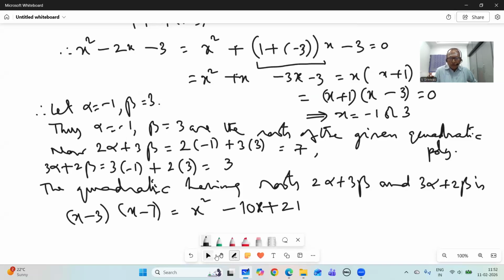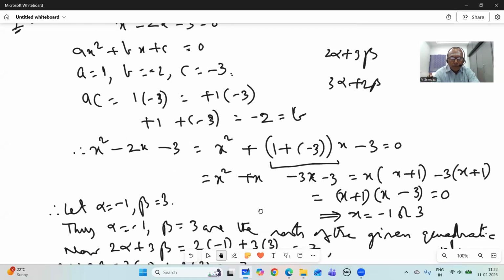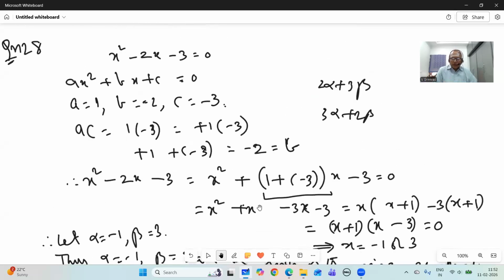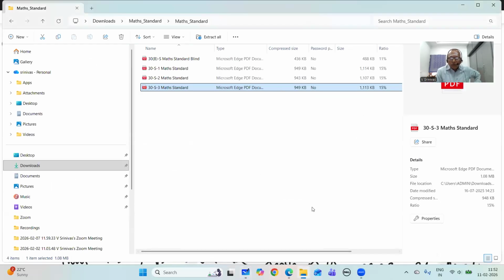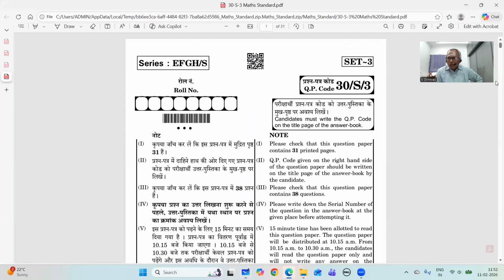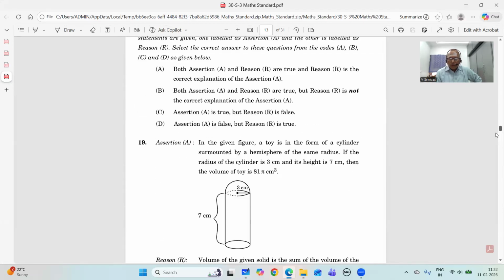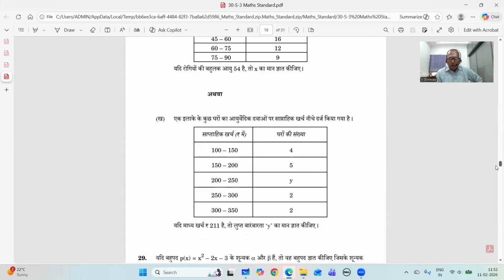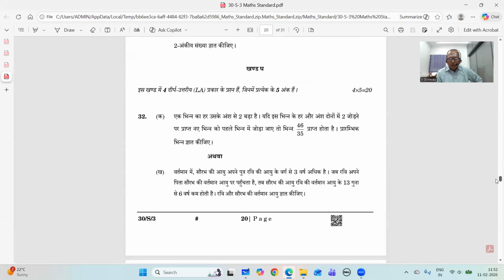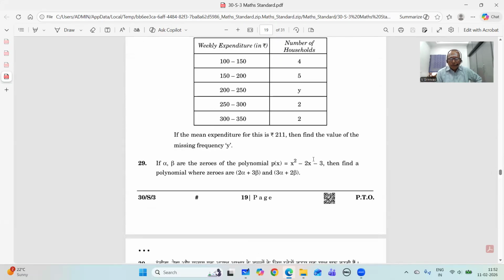So what we have done, we are given a quadratic polynomial p of x.